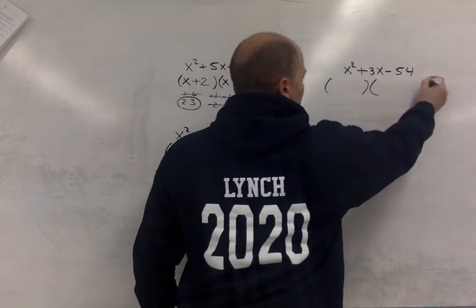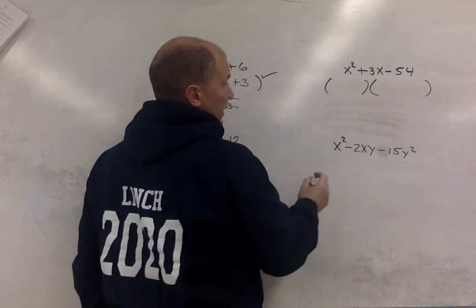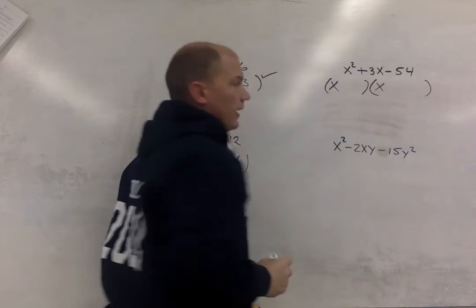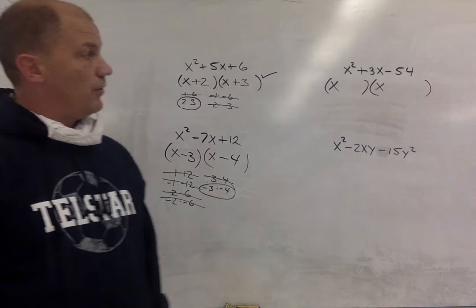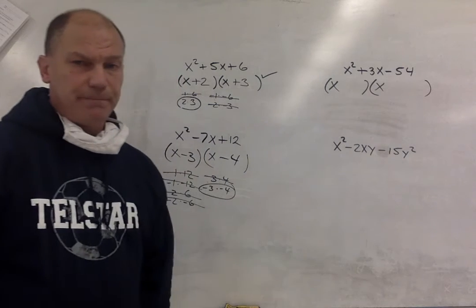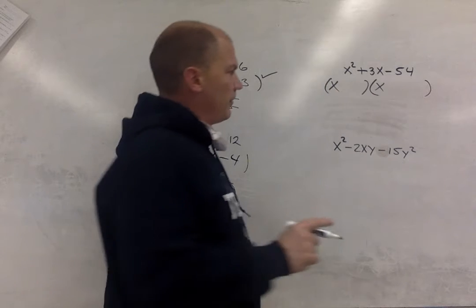So we again know we're looking for binomials, and we know that the first terms are going to be x. And so we're looking for two numbers that multiply to -54 and add to +3. So let's just be a little bit more careful this time.